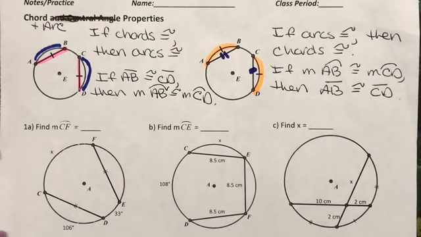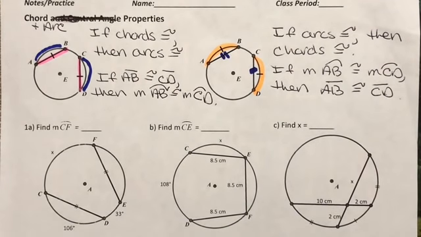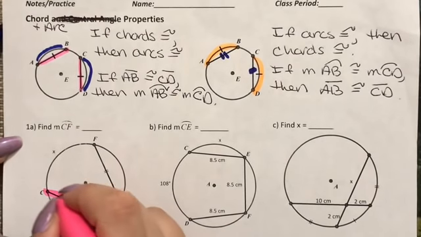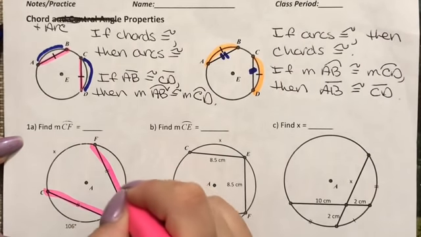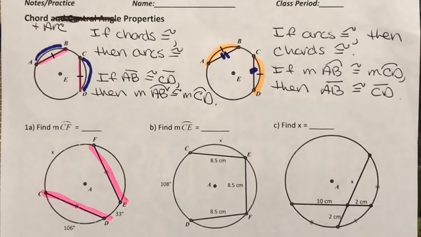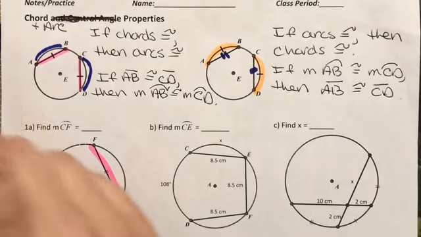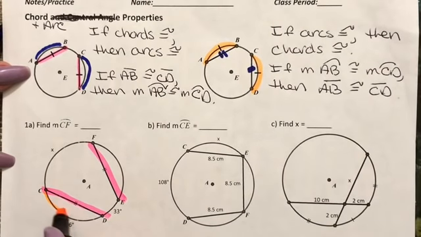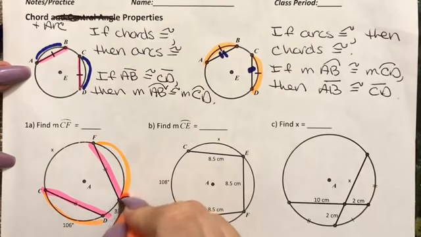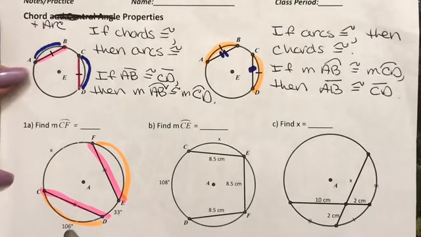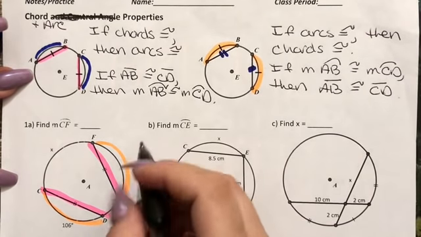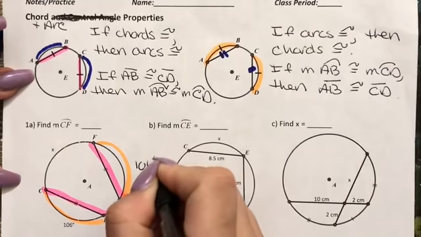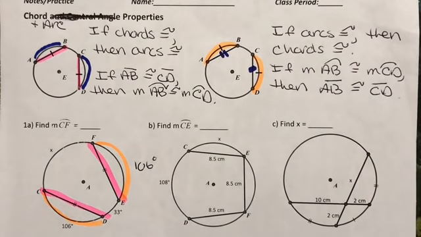So in this first one, I can see that chord CD is congruent to chord FE. And because they're congruent, I know that the arcs attached to them must also be. So if this side is 106, I know that this side must also be 106 degrees.